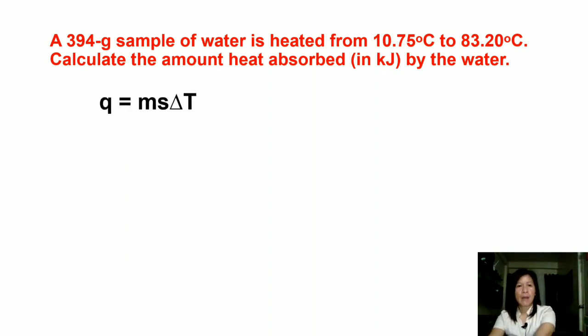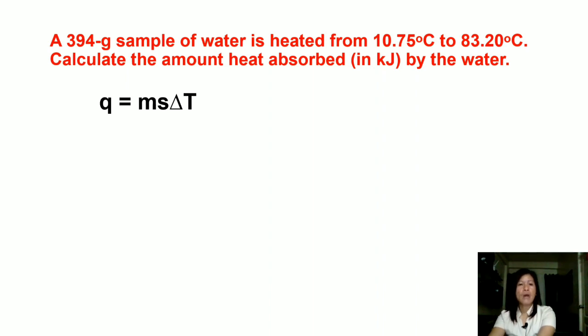So going back, since we need to calculate the amount of heat absorbed or given off, we will have to make use of the equation: heat absorbed or given off equals the product of mass of the substance, specific heat of the substance, and the change in temperature of the substance. So we are talking about what substance in our problem?